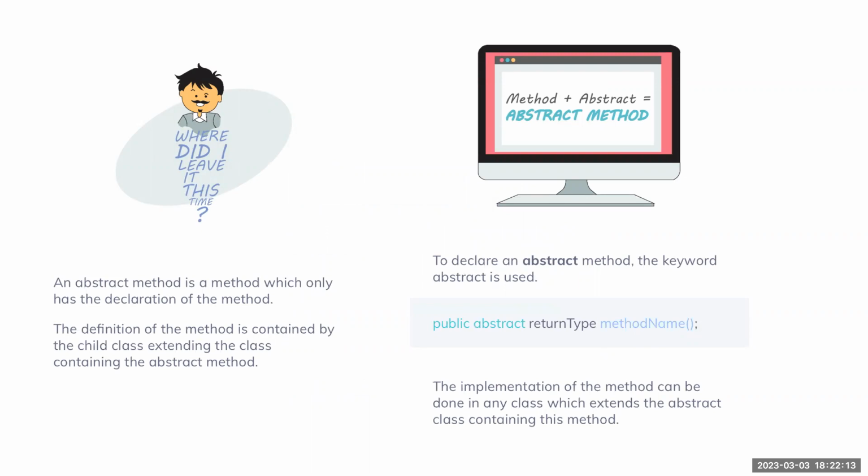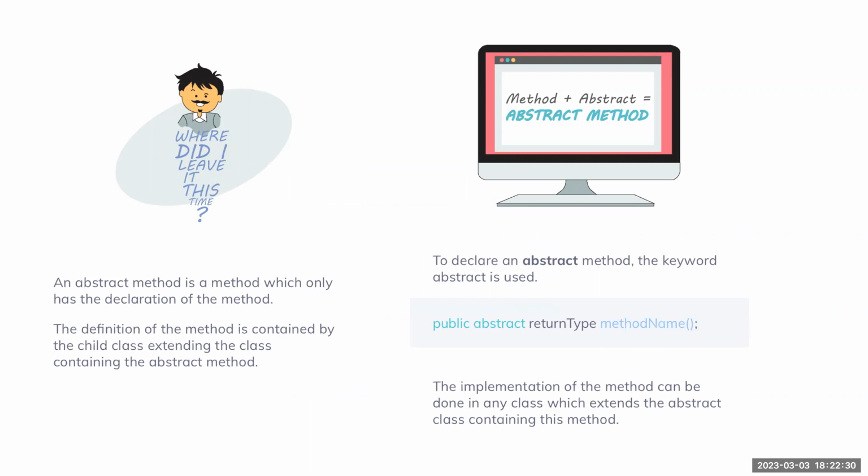An abstract method is a method which only has the declaration of the method. The definition of the method is contained by the child class extending the class containing the abstract method. To declare an abstract method, we use the same keyword, abstract.